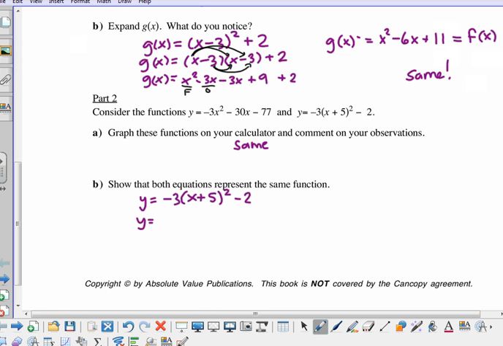The only thing that I'd say be careful of, let me just get you started. X plus 5 squared, how else would you write that? X plus 5 times x plus 5. So when you FOIL, you still need to keep brackets because there's that negative 3 in front. So FOIL it out, and then we'll bring that negative 3. So practice FOILing this. I want you to practice that step, Jesse.